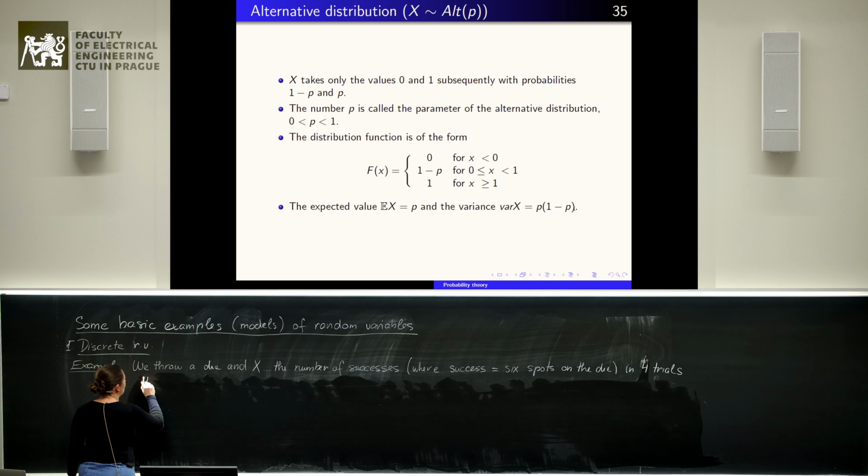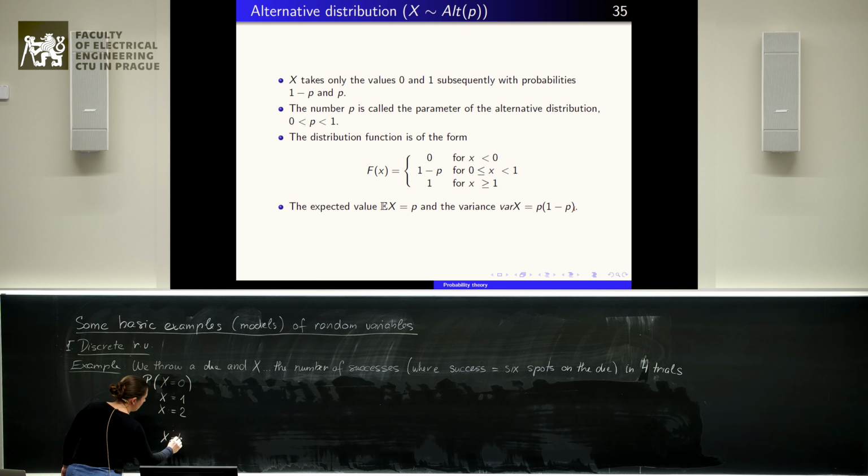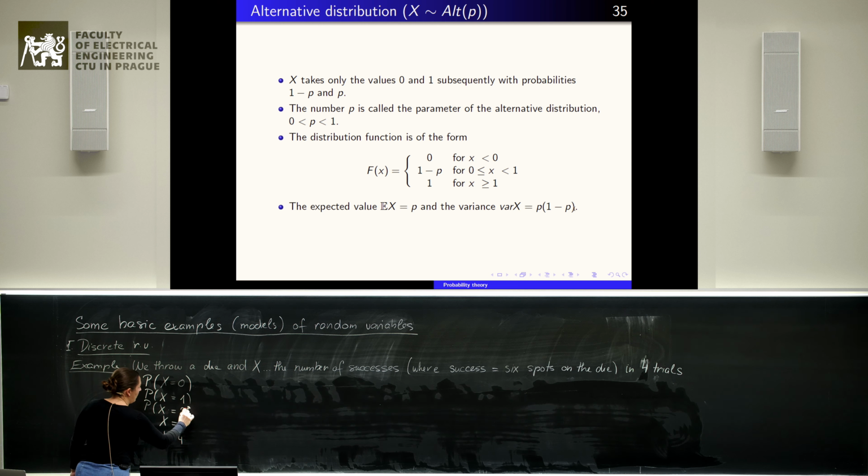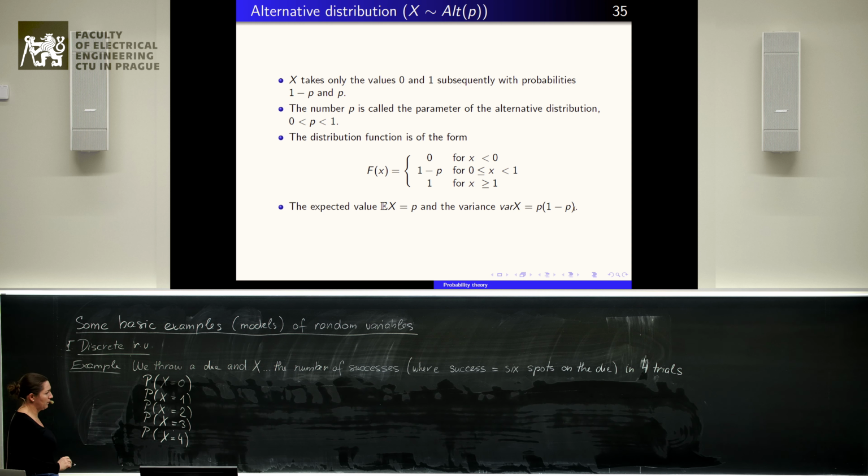Now we can have 0 successes, 1 success, 2 successes, and so on, 3 successes and 4 successes. I will write all options. How will we distribute the probability among these 5 values?